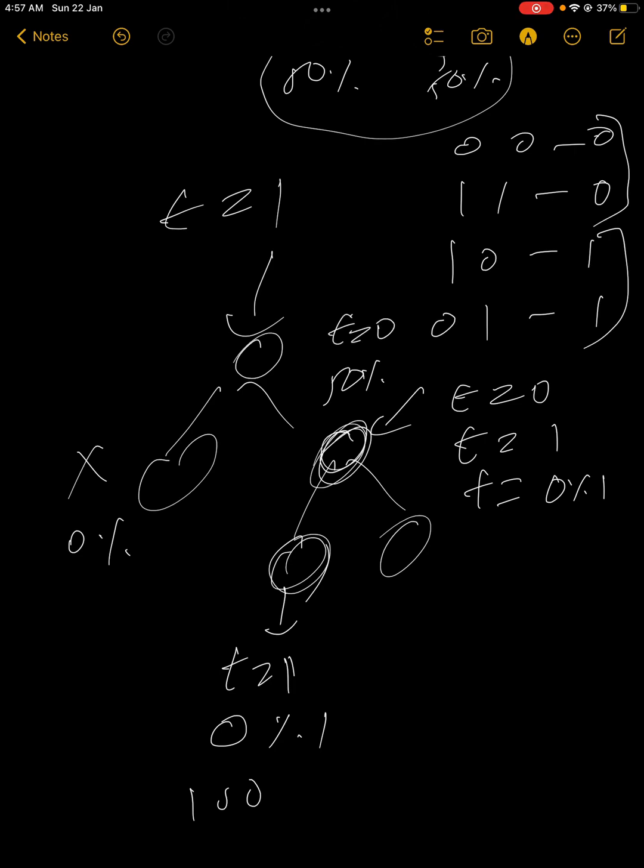So at t equal to 1, it has two child nodes, both of which have 50% chance of becoming 1 at t equal to 0. That's why it has 50% chance at t equal to 1. Now if we talk about t equal to 2, this node has 0% chance of 1, we can just ignore it, and this node has 50% chance at t equal to 1. That's why at t equal to 2 also this has 50% chance.